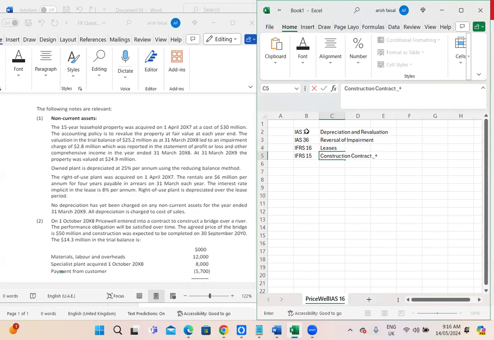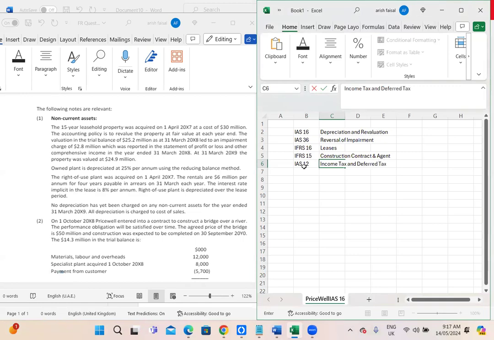So if you are an agent, that's also covered in this question. And the last thing we have is IAS 12, which is about taxes. Okay. So income tax and deferred tax.